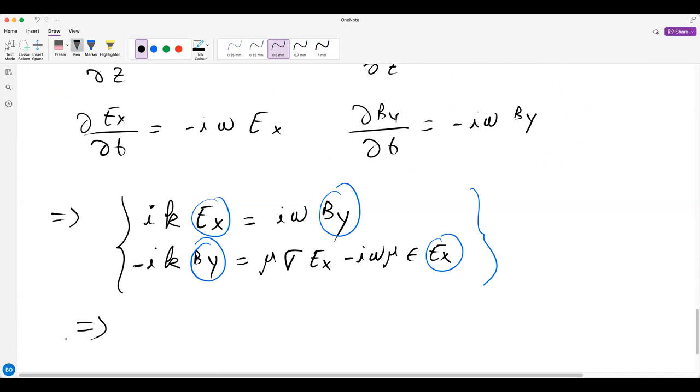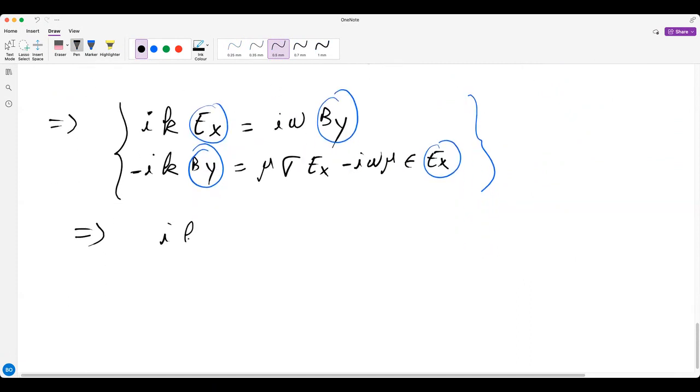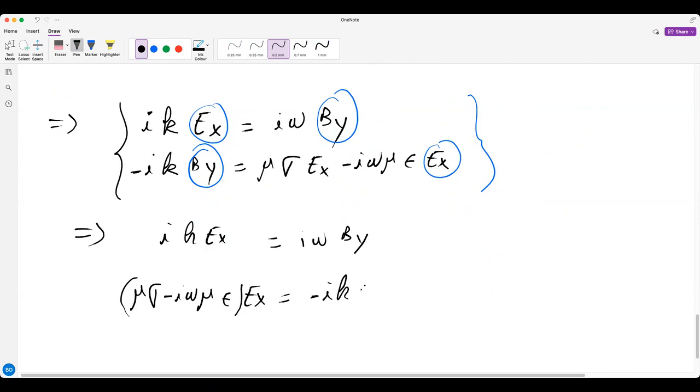I will not do the calculation, but one way to do it is ik Ex is equal to i omega By, and then mu sigma minus i omega mu epsilon Ex is equal to minus ik By. So you can do the ratio, and you can see the ratio will cancel. Ex will go, and By will simplify.